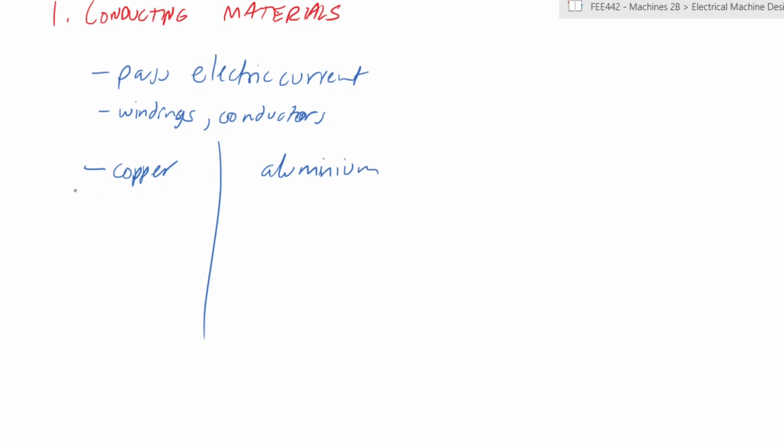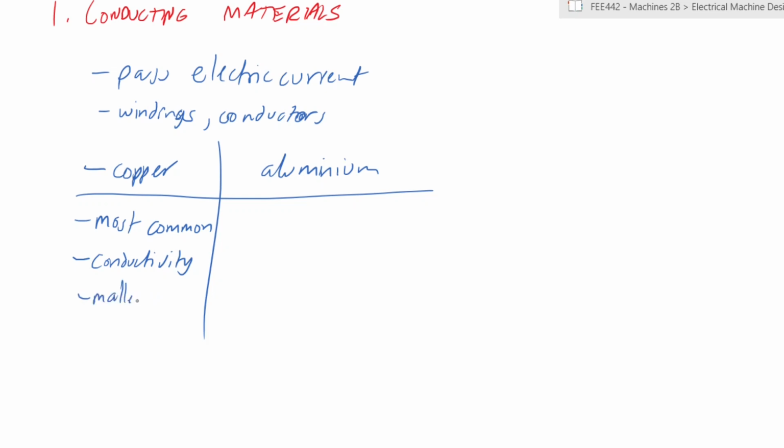So the advantages of these two types of materials are as below. Copper is generally the most commonly used in terms of windings and conductors within electrical machines. This is because it has a very good conductivity and it is fairly malleable and can be manufactured.